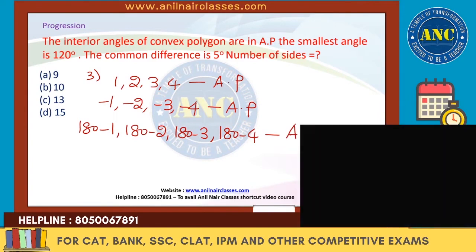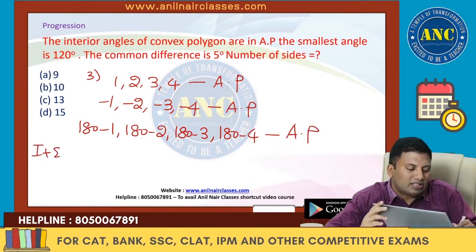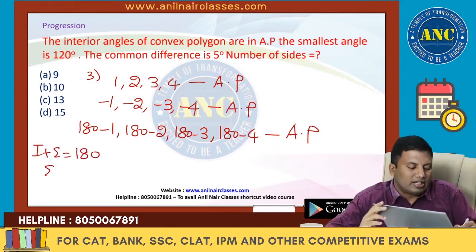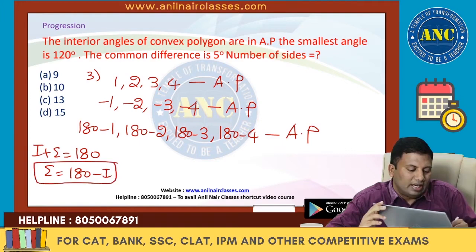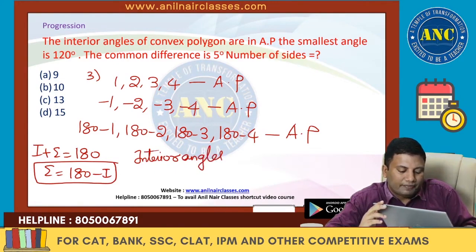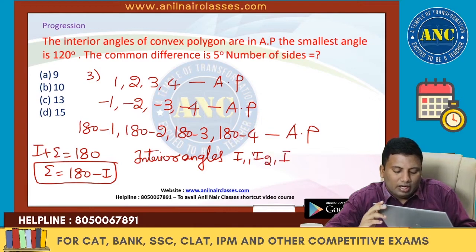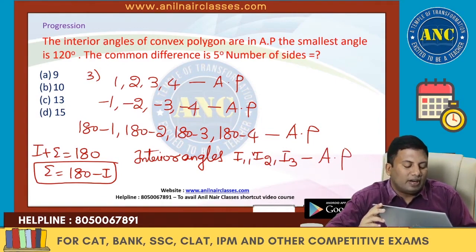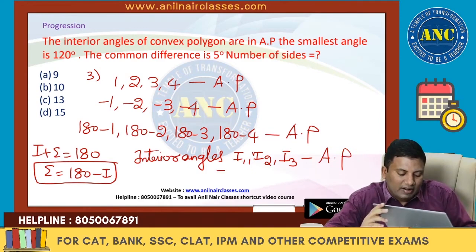Now why am I doing this? Interior plus exterior is nothing but 180. So exterior is nothing but 180 minus interior. That means if the interior angles I1, I2, I3 are in AP, then minus I1, minus I2, minus I3 are also in AP. I hope it is clear, right?